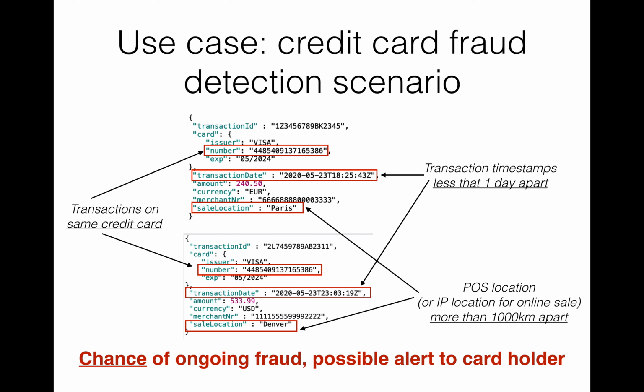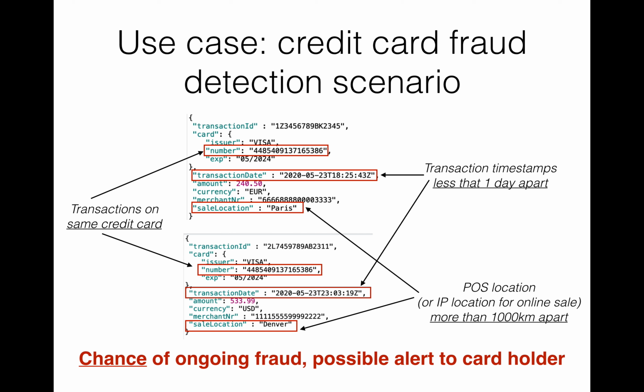This is a transaction done on the 23rd of May, and it's done in Paris. It could be a point of sale of a shop, or it could be an online purchase where the IP of the internet provider is the reference for the sale location. So the sale location can be a physical point of sale or the internet provider location. But anyway, it identifies more or less where the transaction was made.